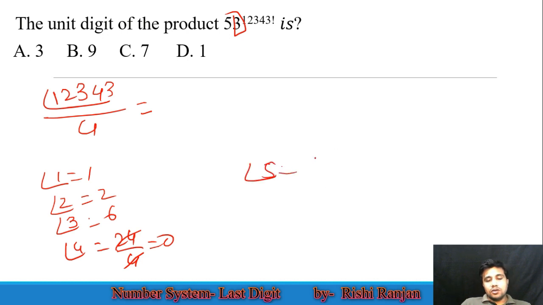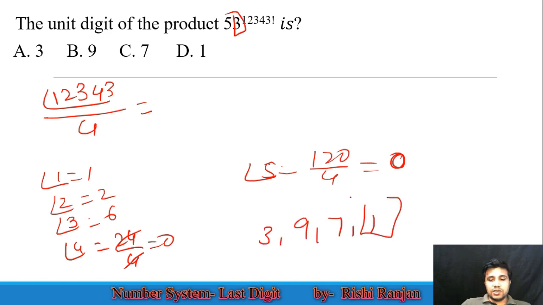All of them are divisible, so the remainder is always going to be 0 only. So you don't even need to check the factorial power, okay? Just check, is this bigger than factorial 3 or not? That's more than enough. If the power is more than factorial 3, straight away you can go for the last digit of 3. 3, 9, 7, 1. The last one is 1.